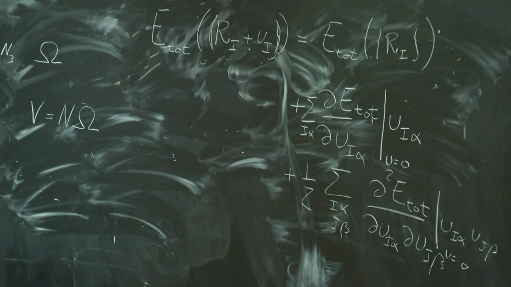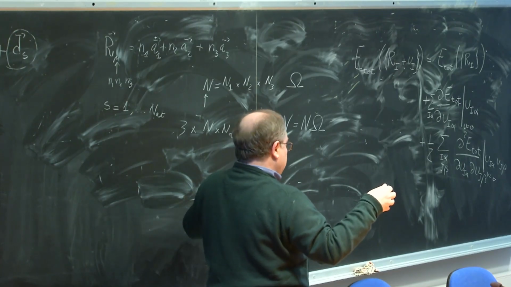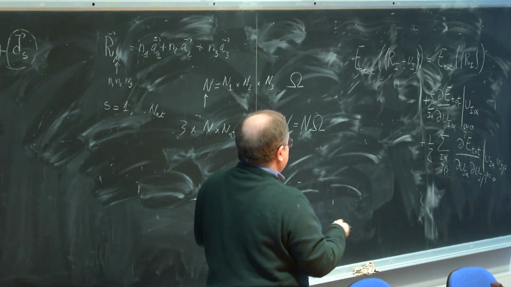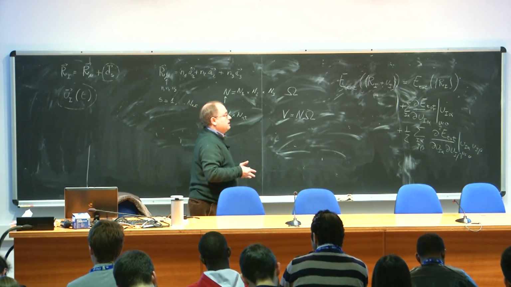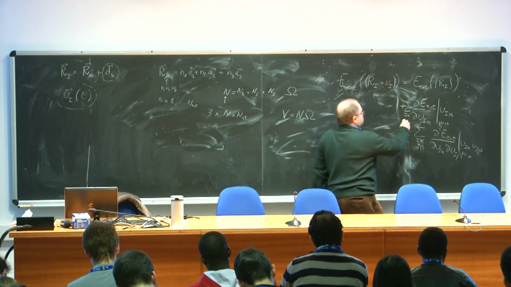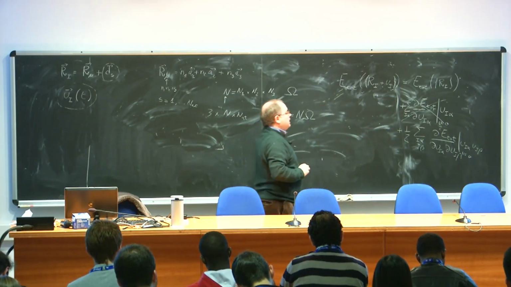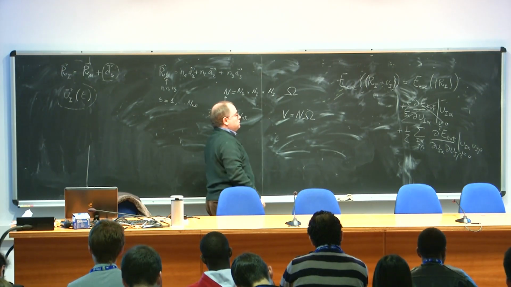Now we make another hypothesis, that we have relaxed our system, so that we have already minimized the energy in such a way that the forces on the atoms are 0. So we assume that there are no forces acting on the atoms, and that we are at equilibrium with the atomic positions.